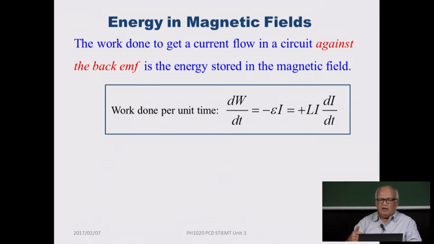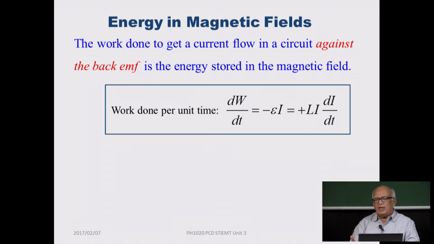In a magnetic field, the magnetic field will have to do work to set up a current, because it has to be done against the back EMF, because as you start building a current, okay, the current element will resist this process and a back EMF will be generated, and as a result of this, the rate of doing work will be this back EMF multiplied by the current, okay, and the back EMF is proportional to the rate at which the current is changing.